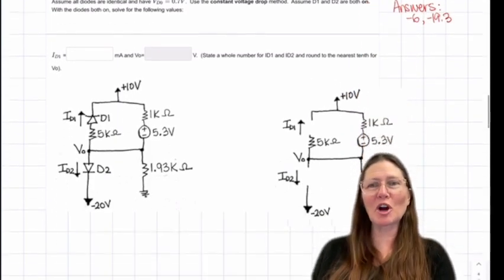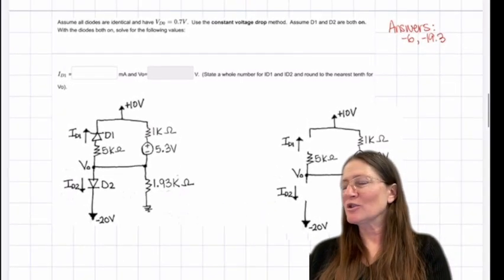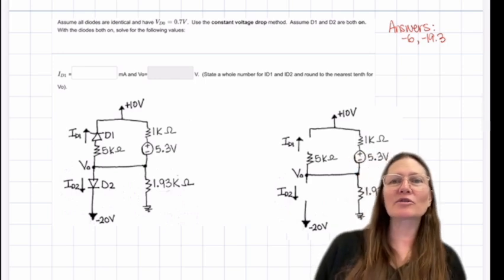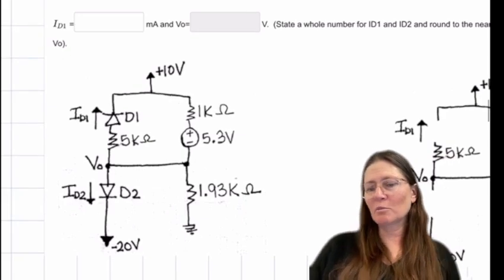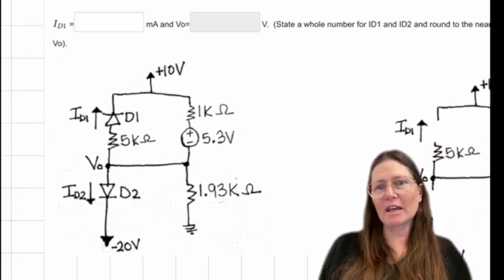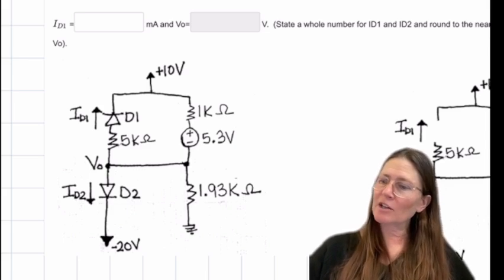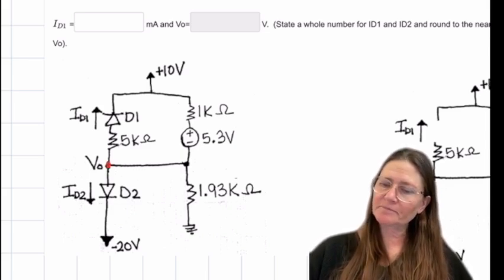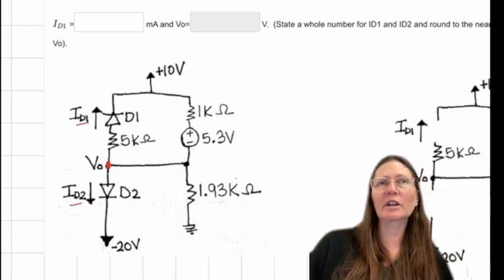Okay, so this is your harder diodes question. You're going to assume that both are on. So assume both of these two are on, and then redraw the circuit and analyze them to see if that is a correct assumption. Find the value of V naught here, and then also calculate ID1 and ID2.